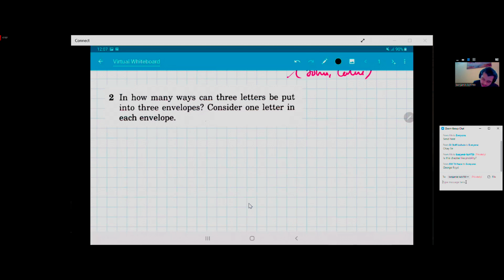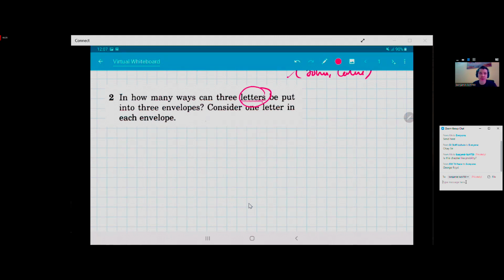The word letters here, it doesn't mean huruf. Maksudnya surat. Okay, because you got envelope. Okay, so dalam berapa cara 3 surat dapat dimasukkan ke dalam 3 sampul surat. Okay, so it says here, consider 1 letter in each envelope. Obviously lah, 1 surat dimasukkan ke dalam 1 sampul surat. Okay, all right. Now, when they say 3 letters, do you understand or not?